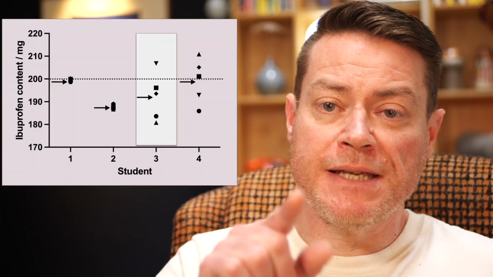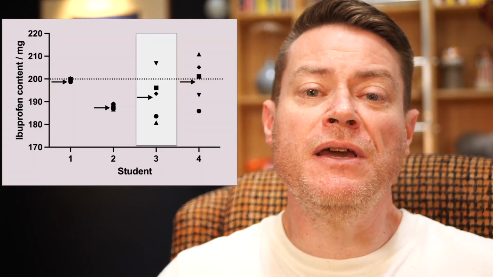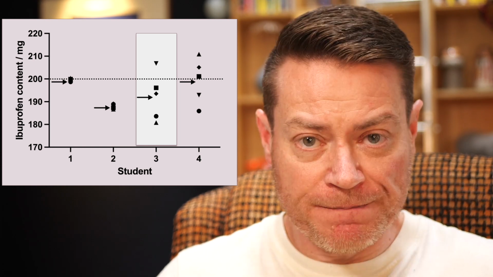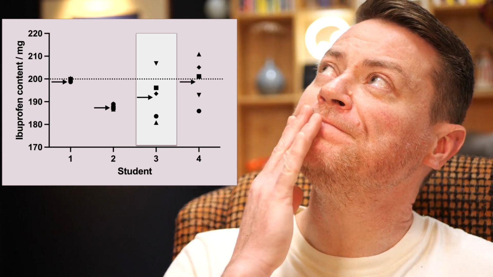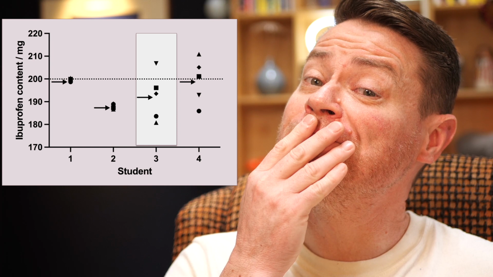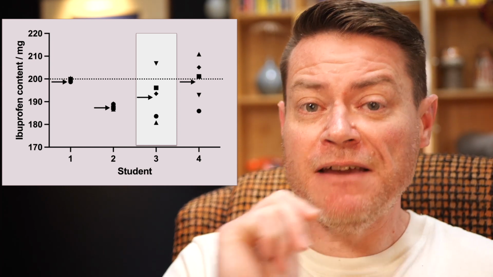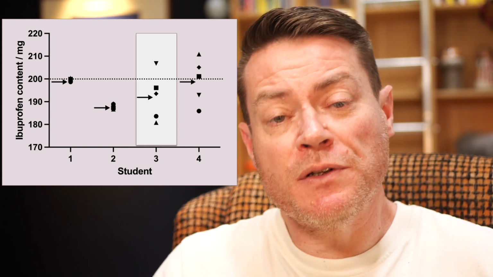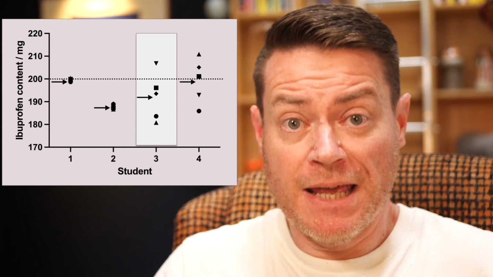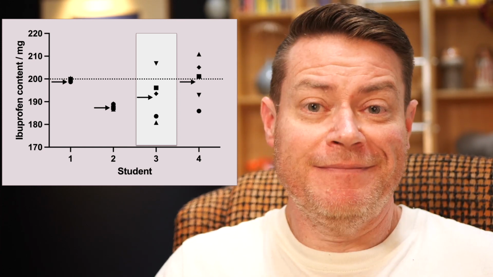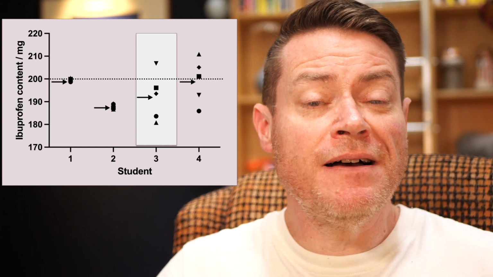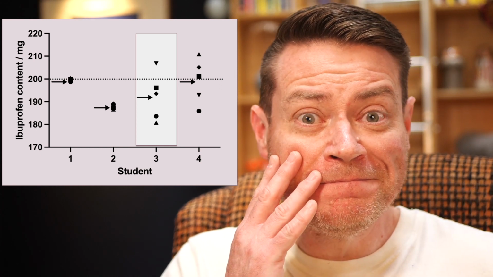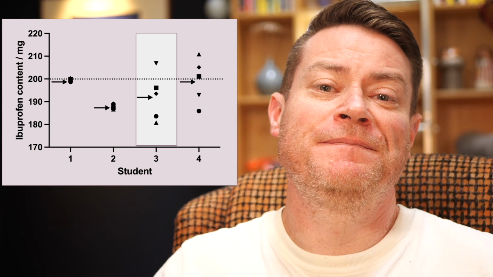Now that you're getting familiar with analysing data, tell me what you think is going on with student number 3. Think first about the spread in the data. Is it large or small? Exactly, it's large, so the data are imprecise.